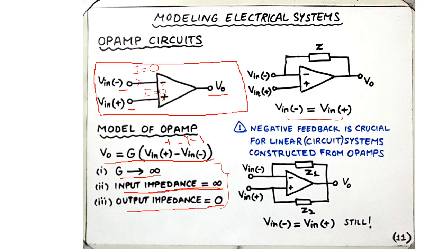So therefore, the negative feedback is crucial for the linear operation of the op-amp circuit. And once we have a negative feedback, even if we provide some positive feedback, in this case by means of some other impedance such as Z2, we still have Vin minus same as Vin plus.